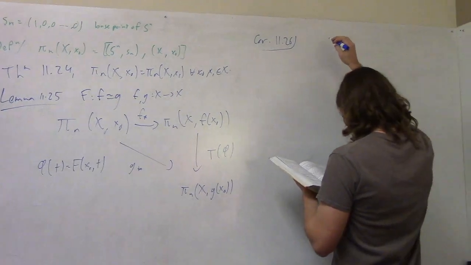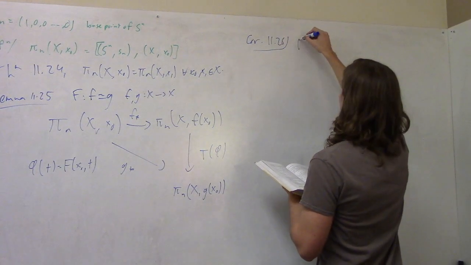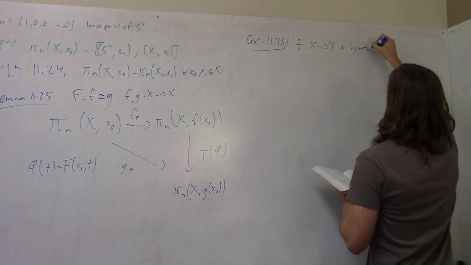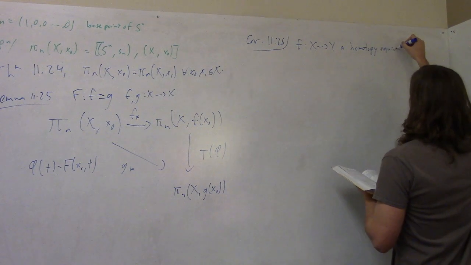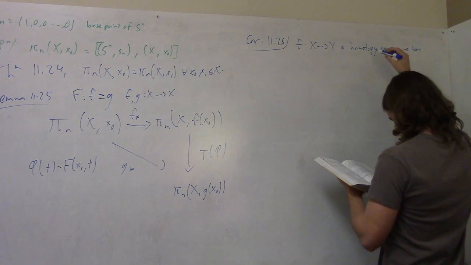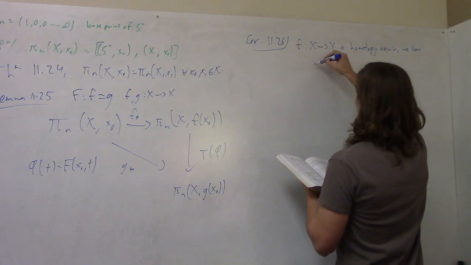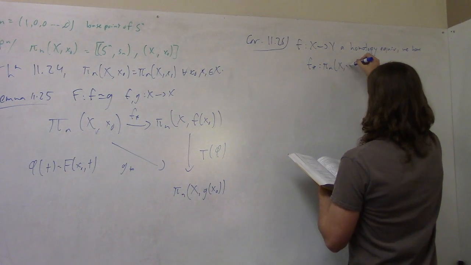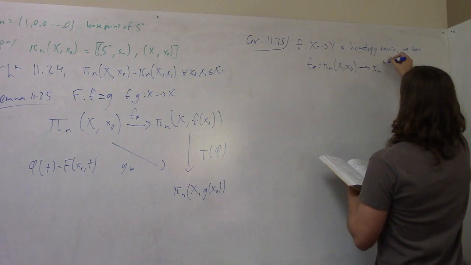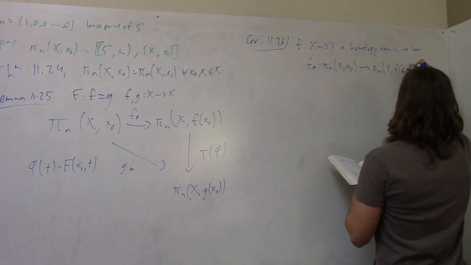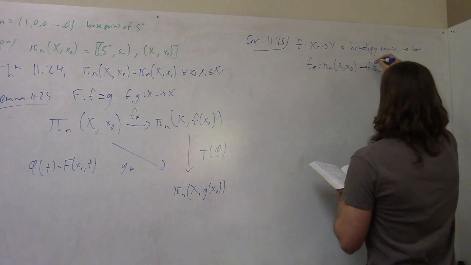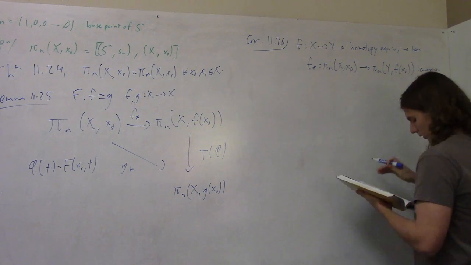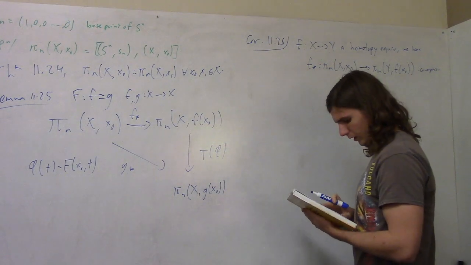So we have a homotopy equivalence f from X to Y, and F star from pi n of (X, x0) to pi n of (Y, f of x0) as a morphism. This helps us define isomorphisms between some of these homotopy groups.